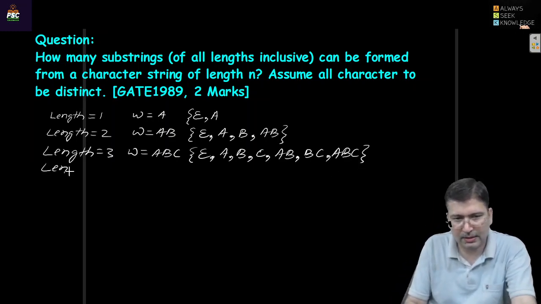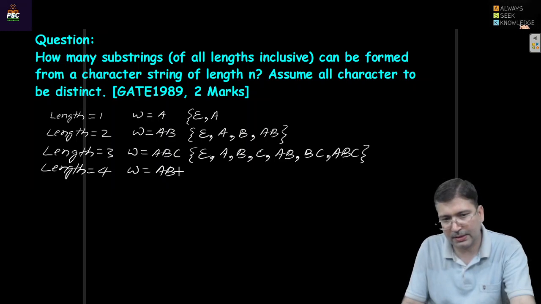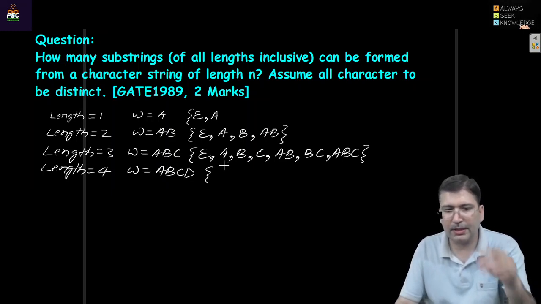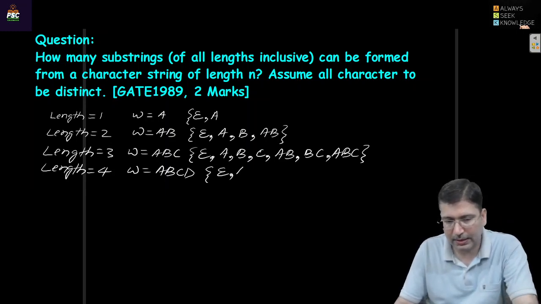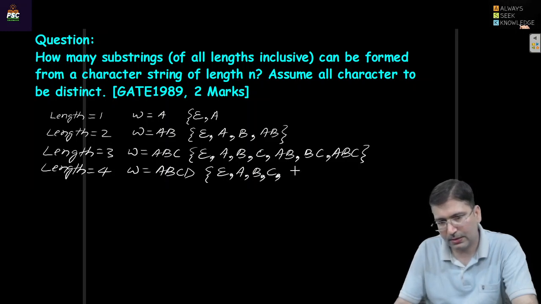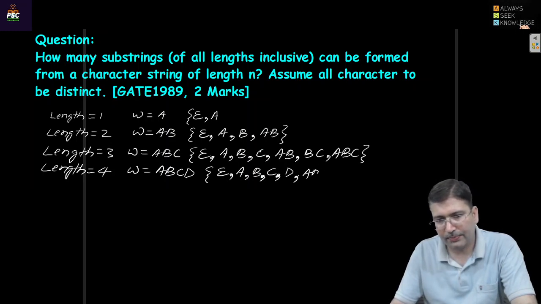Let's say I consider the length of the string is 4, so w has 4 distinct characters a, b, c, d. The total number of strings will be: null, 0 length, then 1 length there will be 4, a, b, c, and d. 2 length there will be ab, bc, cd, so there will be total 3.